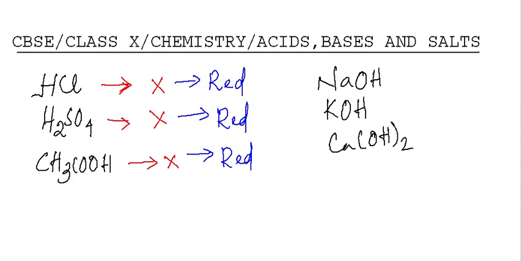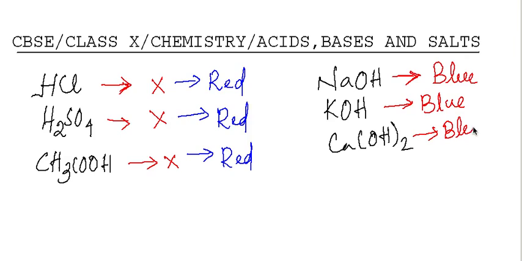Okay. Now let's take the red litmus paper for bases as well. Red litmus paper with bases will change to blue for this also or this also. But if you take the blue litmus, there won't be any change.